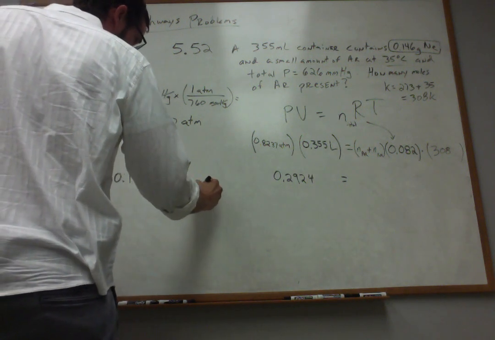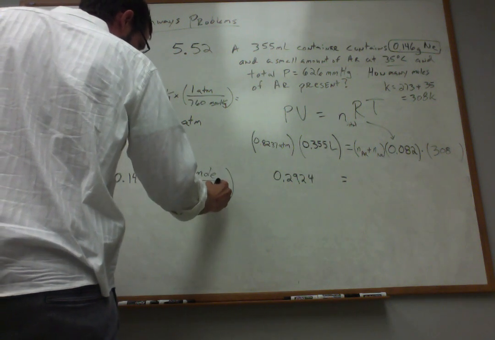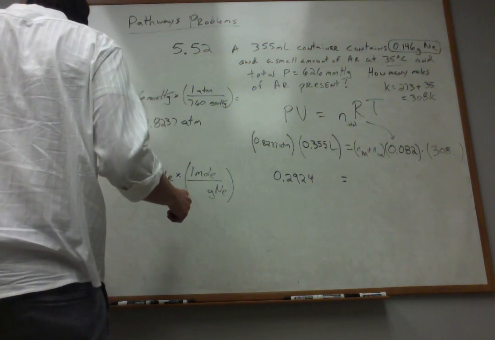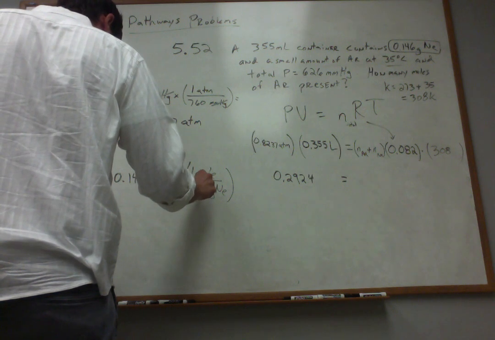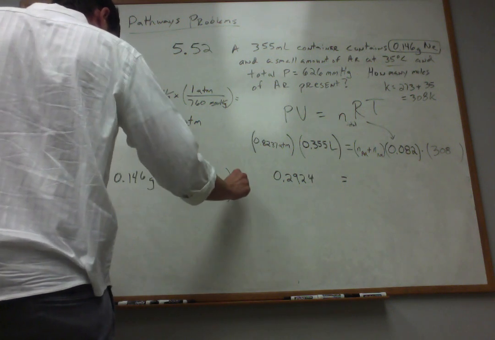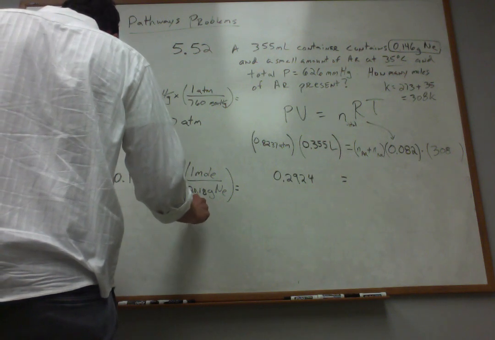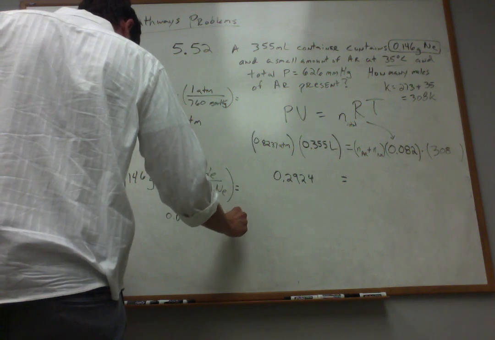I can look on the periodic table for the molar mass of neon, and it is 20.18 gram per mole. That then works out to 0.00723 mole of neon.